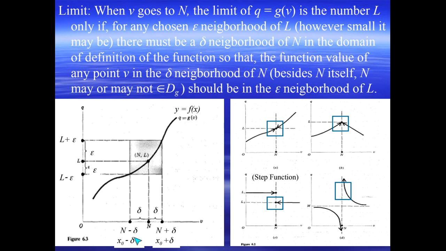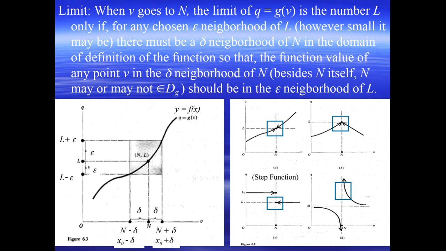L minus epsilon less than x, less than L plus epsilon. This is the epsilon neighborhood of L. And the delta neighborhood of x0 is the open interval x0 minus delta, x0 plus delta, meaning x0 minus delta less than x, less than x0 plus delta.